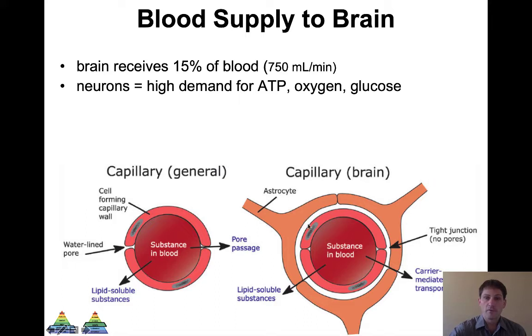And this helps to force these capillary cells to tighten and have tight junctions between them to close down those pores, so that anything that is in the blood has to pass through our blood capillary cells and those astrocytes, so we can reduce unwanted things or toxins getting into the brain.